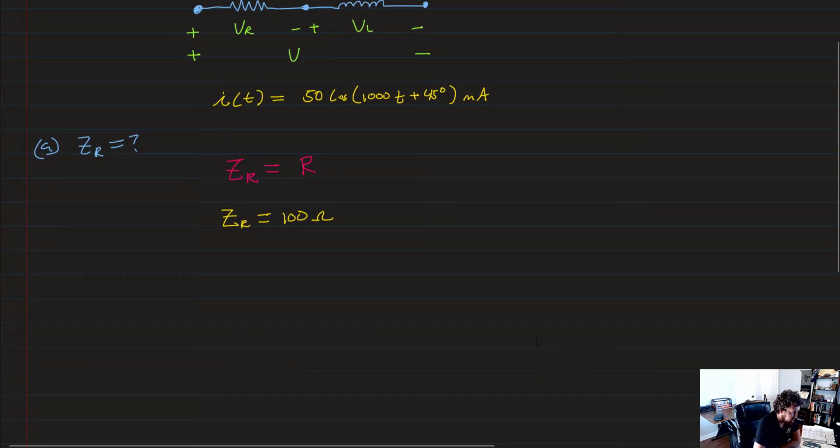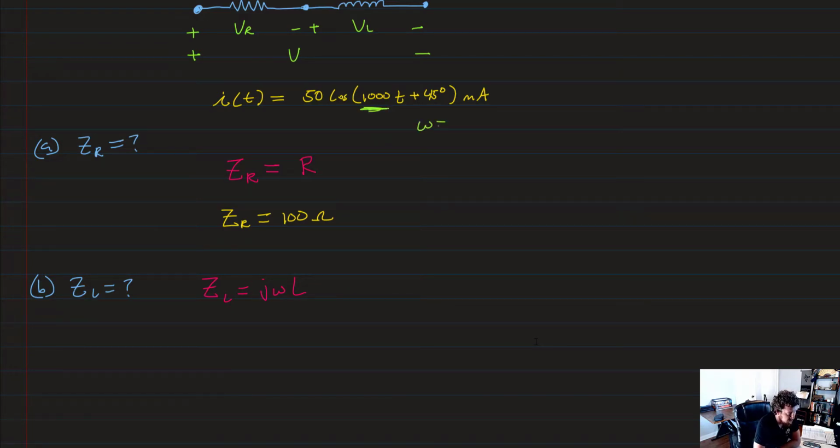Next up, part B asks us what is the impedance of the inductor. A little bit more complex, but not that much more complex. The impedance of an inductor is equal to J times omega times the inductance. Now remember from our problem statement here, omega is equal to 1000 radians per second.